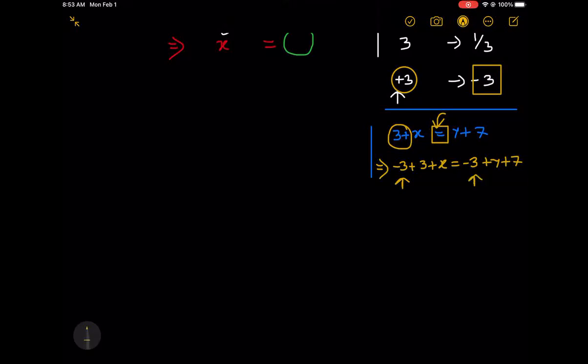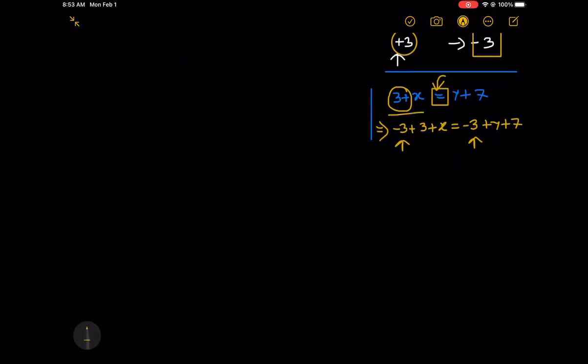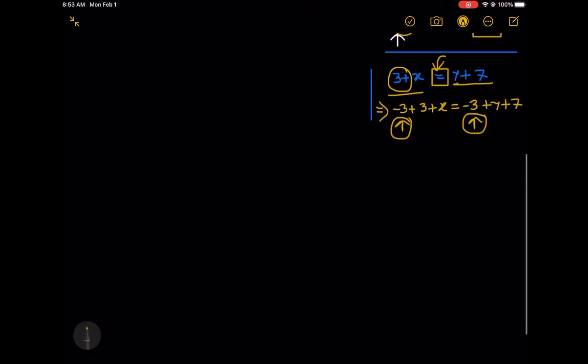Whatever we do, we need to do that on both sides. So now we had 3 plus x, I have a -3 here. We had y + 7, I have a -3 here. So this is actually keeping the equality intact, okay? There is no harm in doing that.